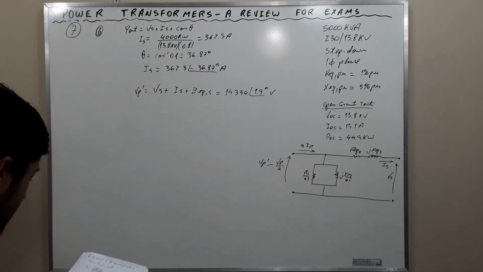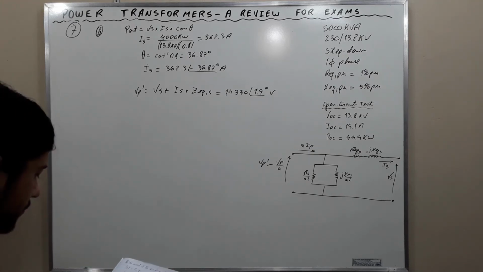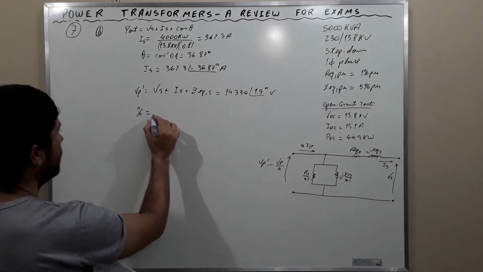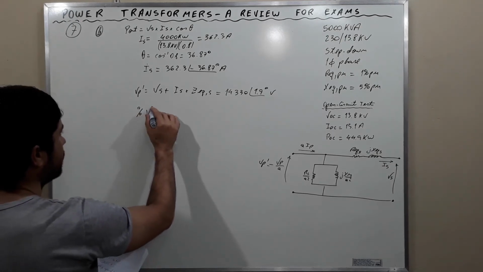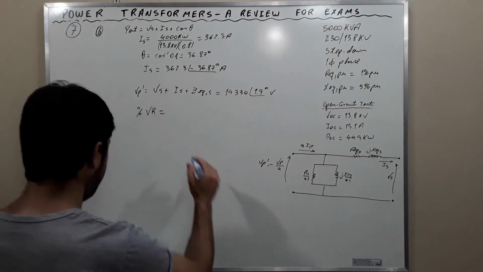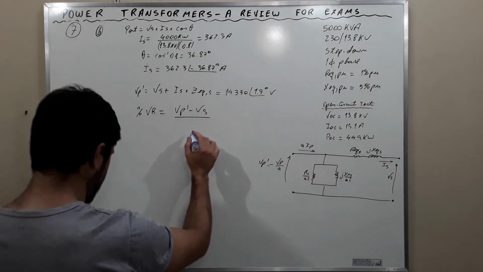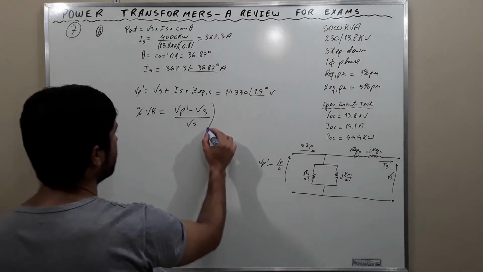And to finish, we calculate the regulation. The voltage regulation is going to be the percentage regulation. Voltage regulation is going to be Vp prime minus Vs divided by Vs, times 100.